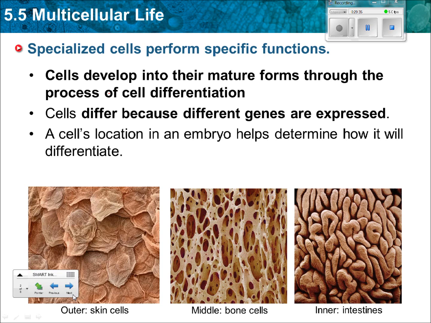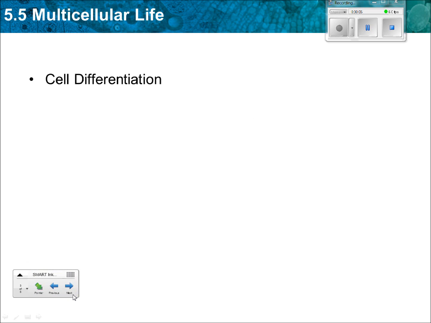The answer is yes. The second bullet: cells become different because different genes are being expressed. The cell only uses the genes it needs. It ignores the other ones. But every cell has your exact genetic copy, the exact DNA. So look for that one on the test for me.